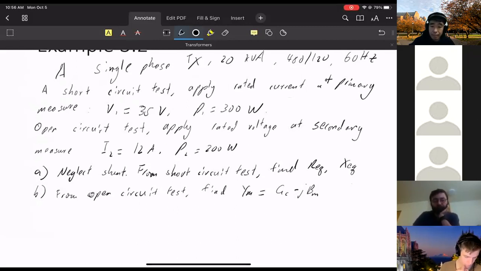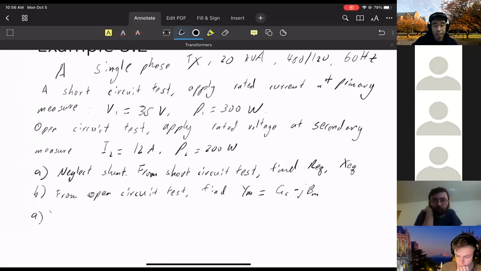All right, so let's see what happens when we do this kind of test. Let's do question A first. The problem says when we do the short circuit test, we give rated current. So what is the rated current for this transformer?